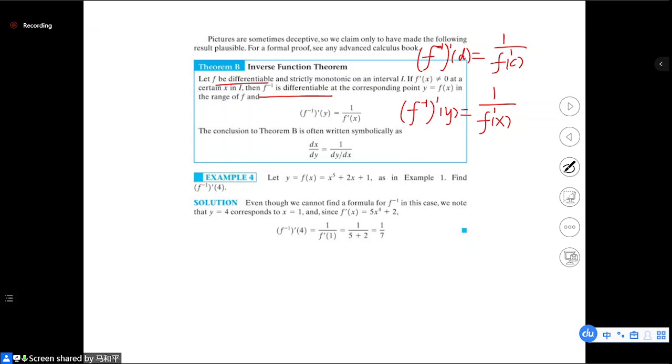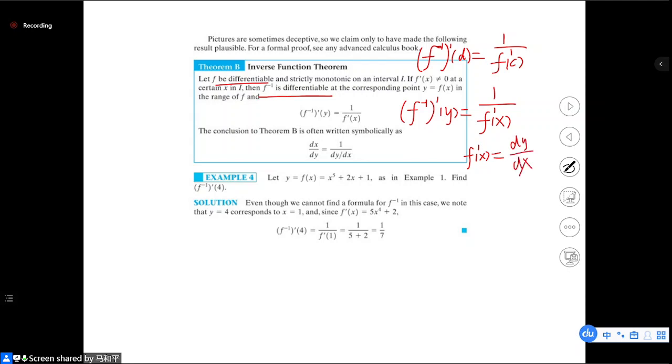And the conclusion to theorem B is often written symbolically. We learned the symbol, we have many forms for derivative. One of them is f prime x, we can also write it as dy over dx.